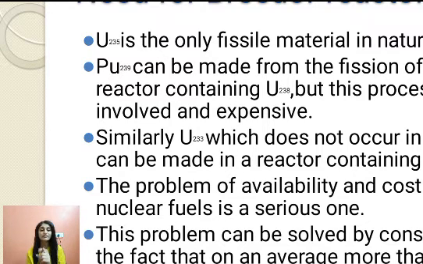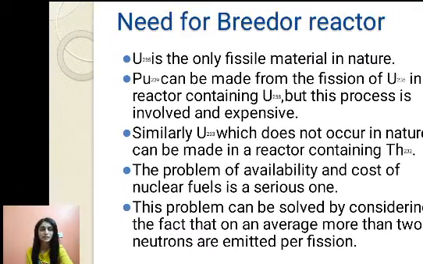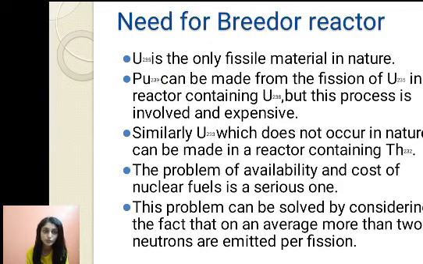When we studied the four factor formula, we saw that when fast neutrons are emitted from uranium 235, some of the neutrons may interact with uranium 238 to cause its fission. From uranium 238 you can also get plutonium 239, but this process is very expensive. Similarly, uranium 233, which does not occur in nature, can be made in a reactor containing thorium 232.